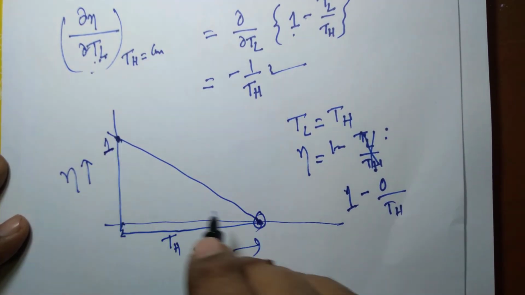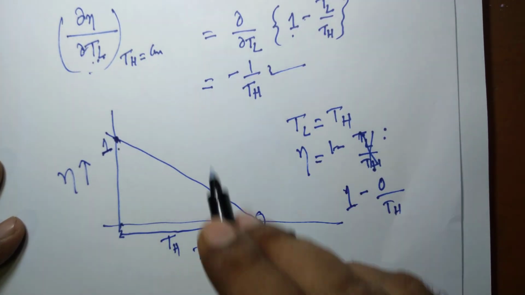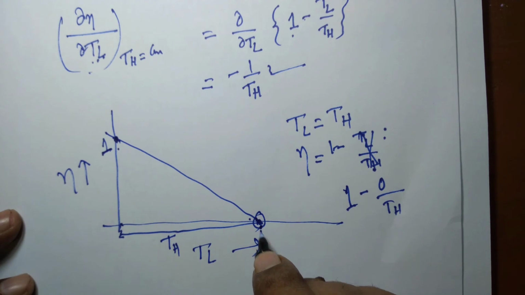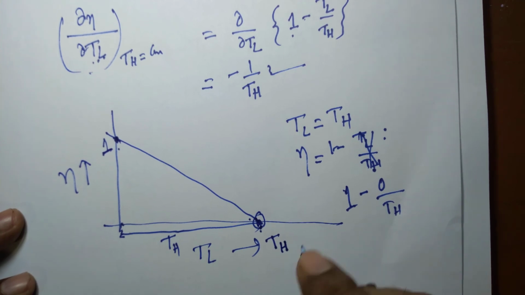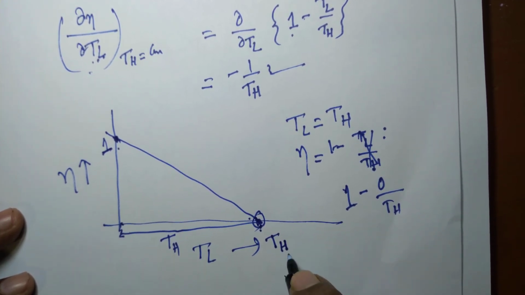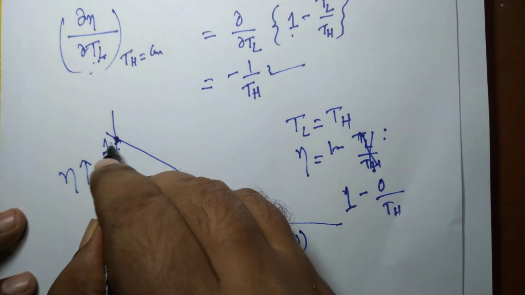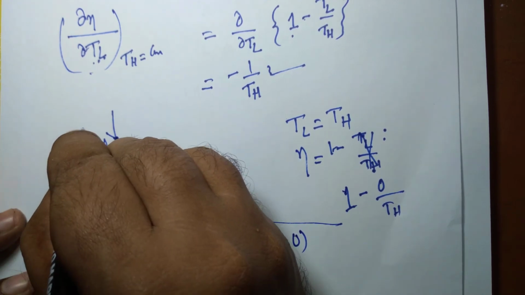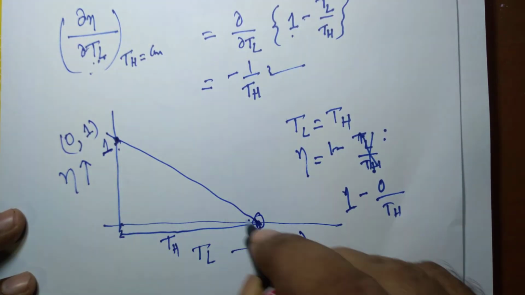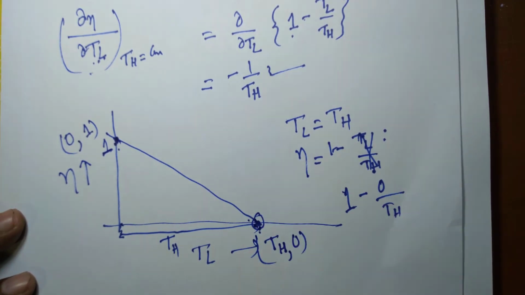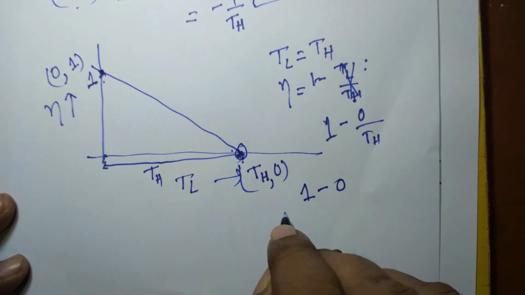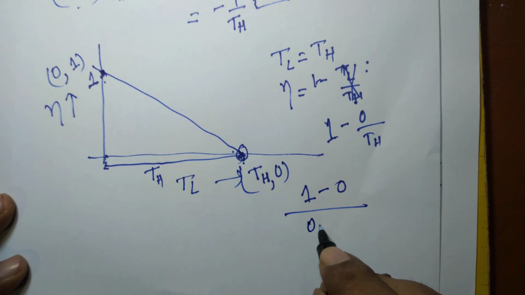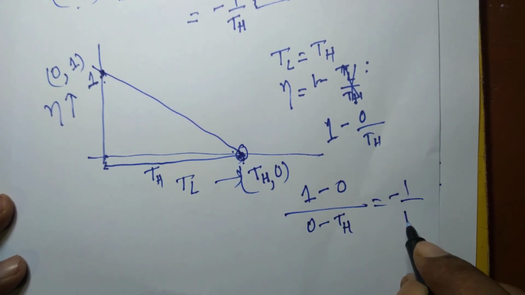What is the slope of this line? The coordinates of this point are TH, 0, and of this point 0, 1. The slope is y2 minus y1 by x2 minus x1, that is 1 minus 0 divided by 0 minus TH. Obviously the slope is minus 1 by TH.